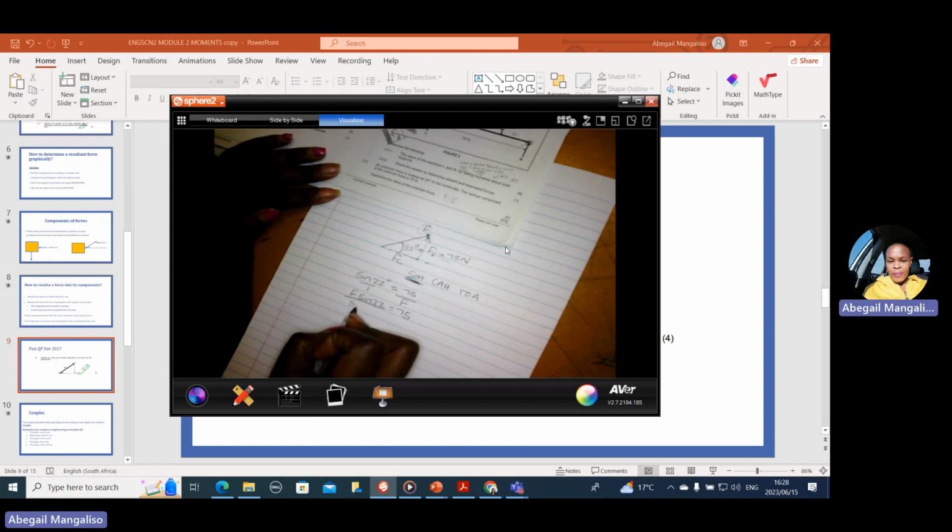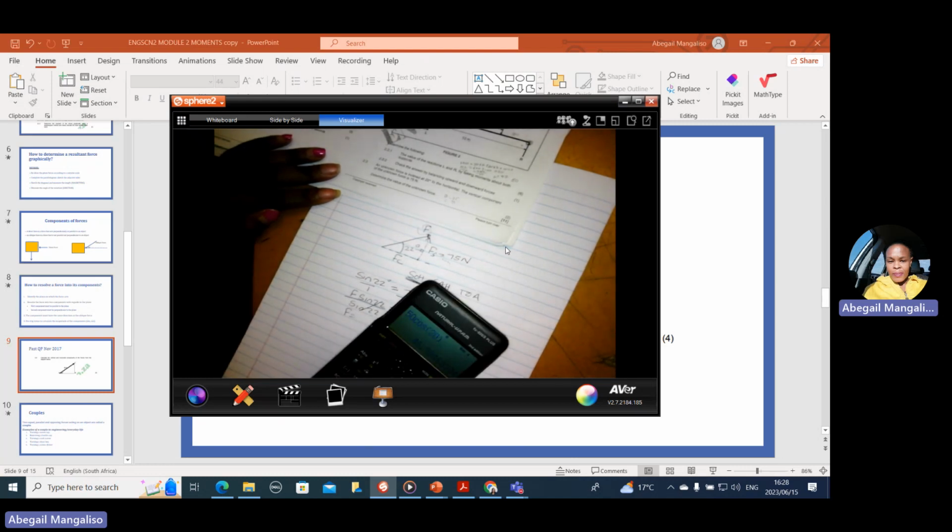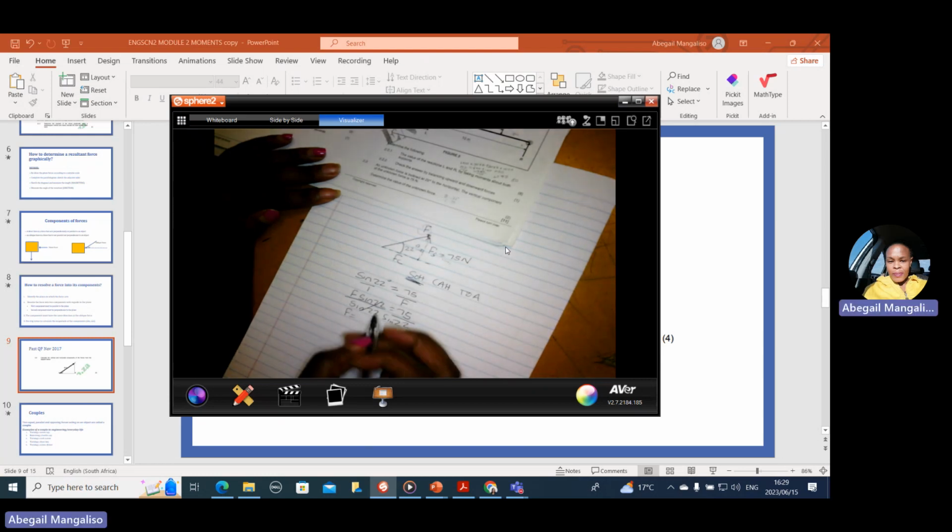You divide both sides by sine of 22, and this force will be equal to 75 divided by sine of 22 degrees. And the answer is 200.21.